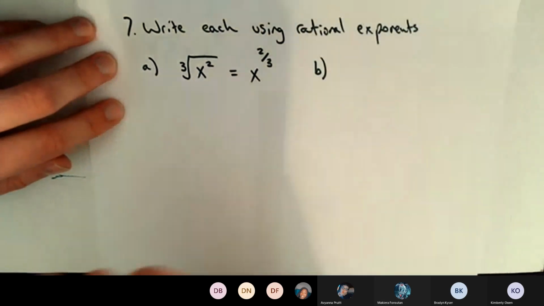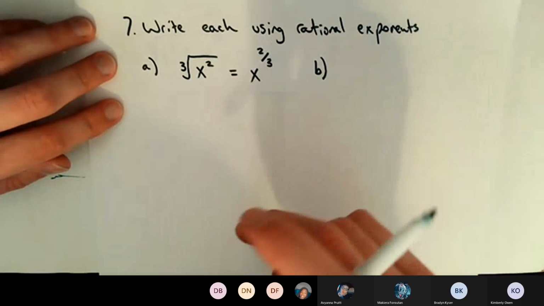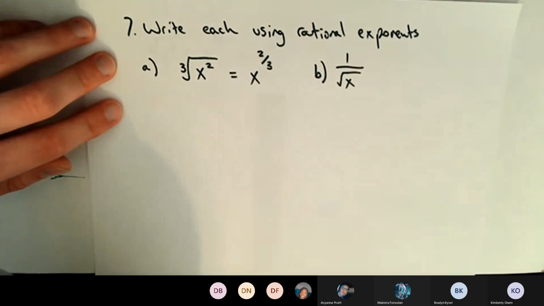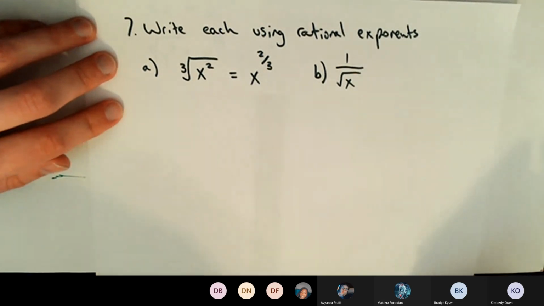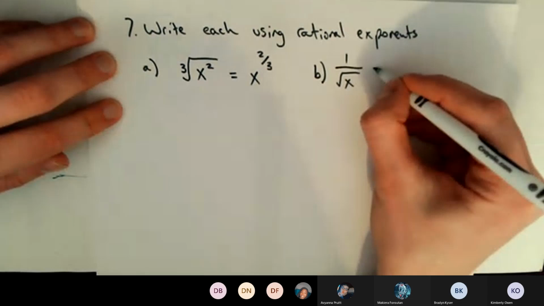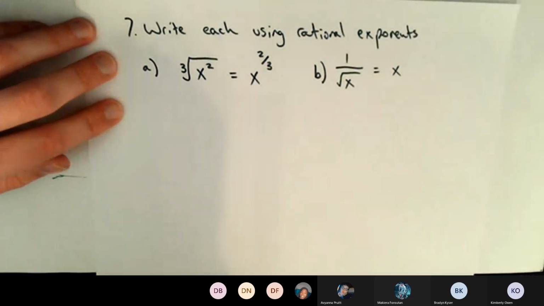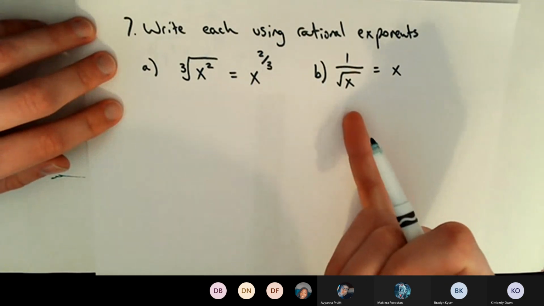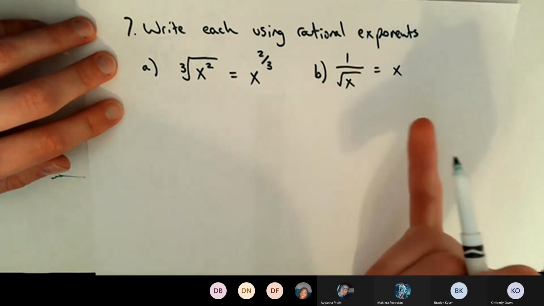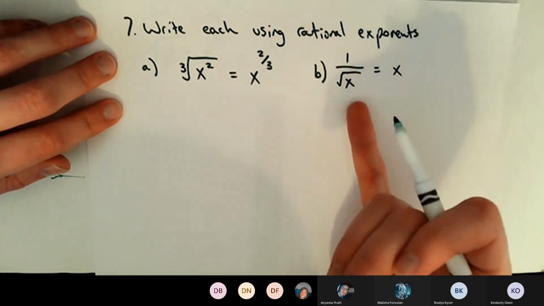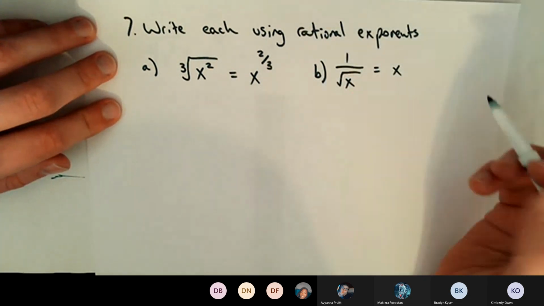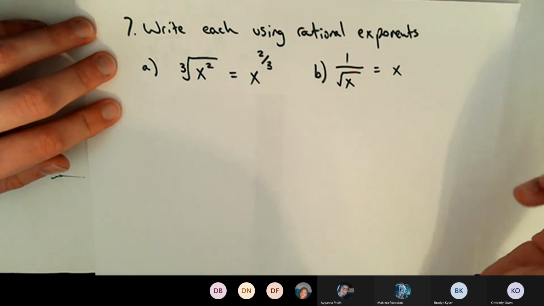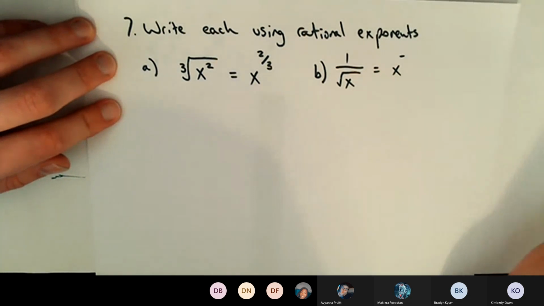All right, how about b? Let's say 1 over square root of x. What does this one definitely have to involve since x now is in the bottom? Remember how we dealt with that with exponents last time? If anyone has an idea, you can speak up. So how can we deal with x being in the bottom? What needs to be involved in our exponent? It'll be negative.